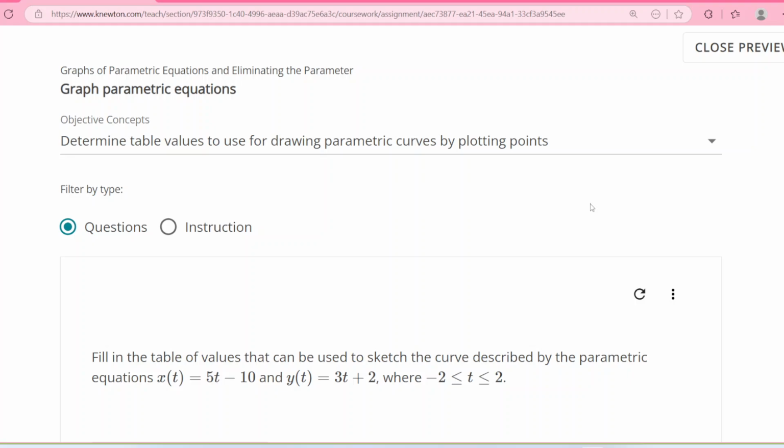This is at Knewton.com. This is the Knewton Alta online homework system. And I'm in an objective called graph parametric equations. And the title of the video, determine table values to use for drawing parametric curves by plotting points.